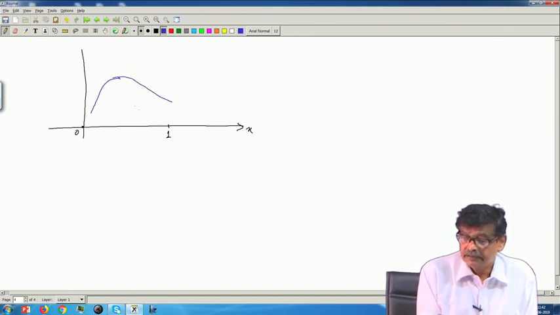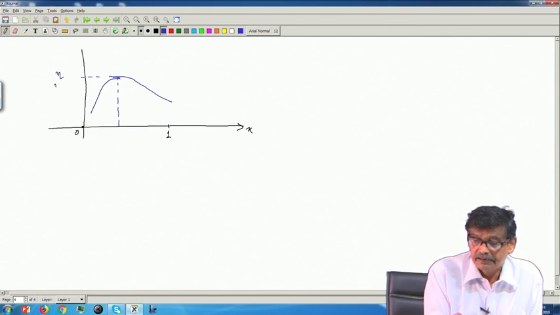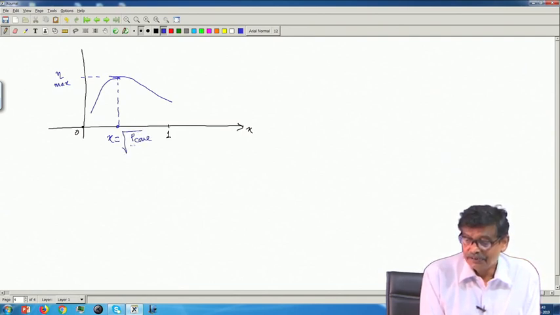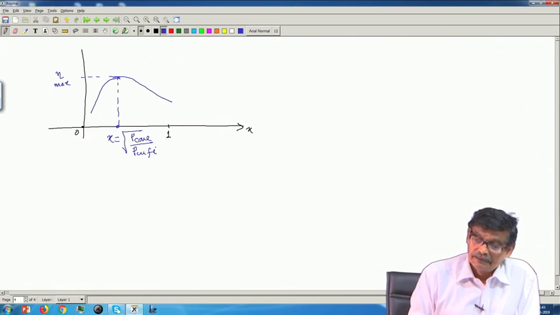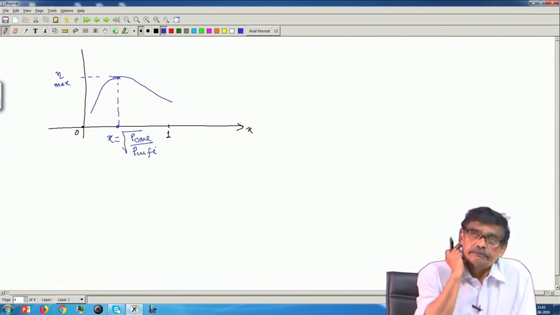And this is your eta max, and I will write the value of x here as root over P core divided by P copper full load, and it will give you a number, a dimensionless x.